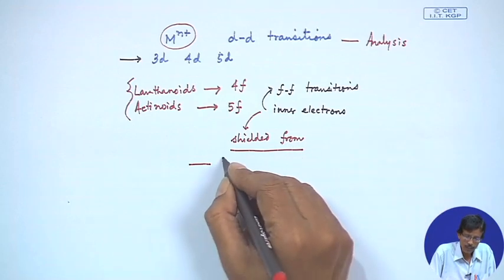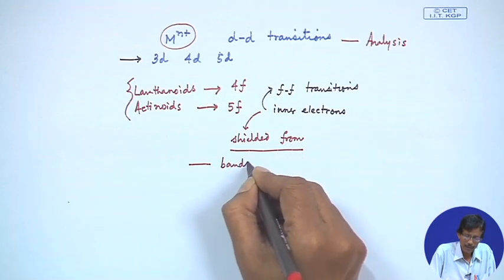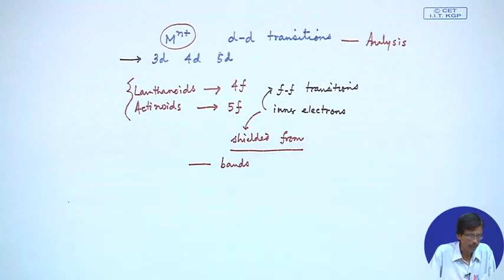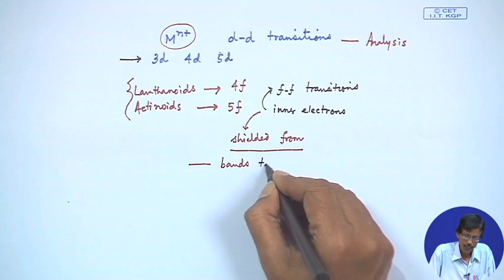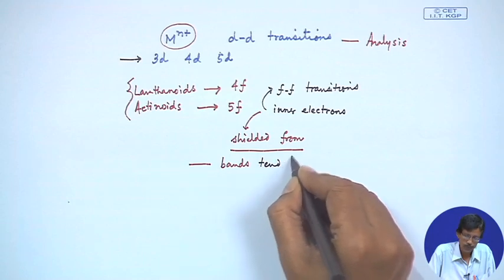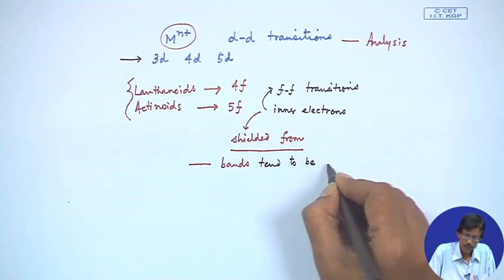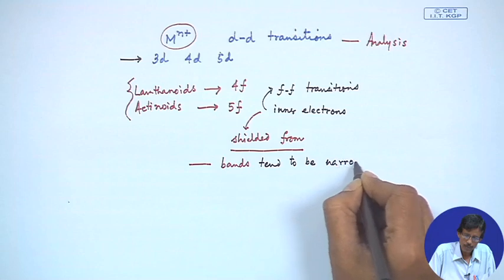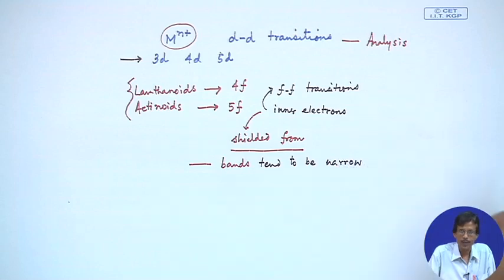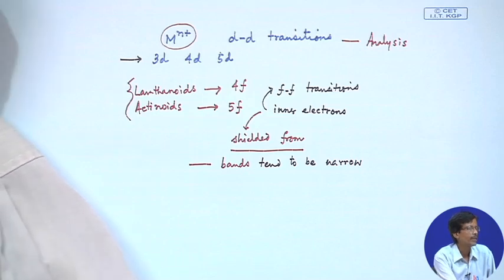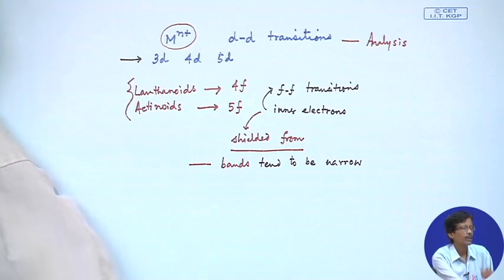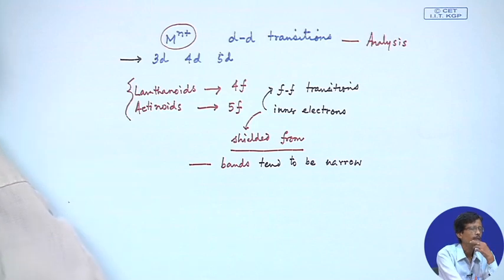For this f-f transition, the bands will be narrower. If we see some metal ion centers like this, these are the corresponding absorption spectra.